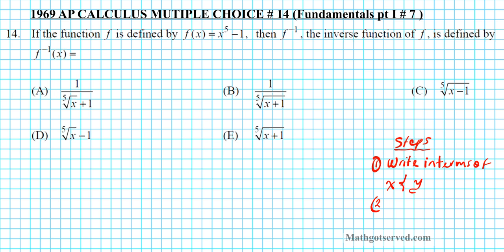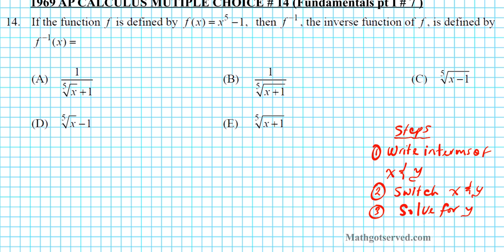Then the second part involves switching: you switch the x and y. And then the last part, you solve for y. And then that y that you solved for is your inverse. Call y y inverse or f inverse, whichever notation you want to use there. This is just a real quick summary of the steps we're going to use.